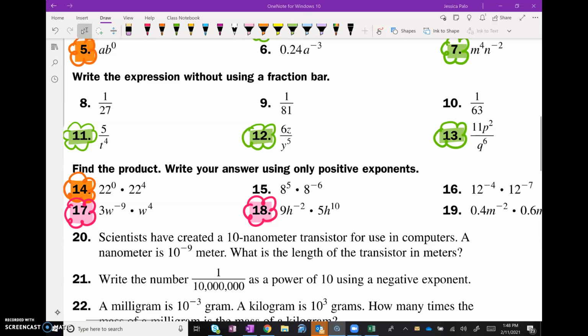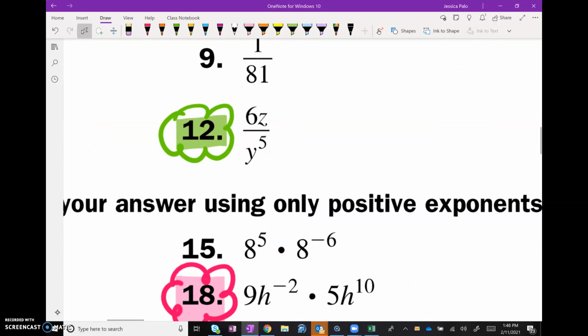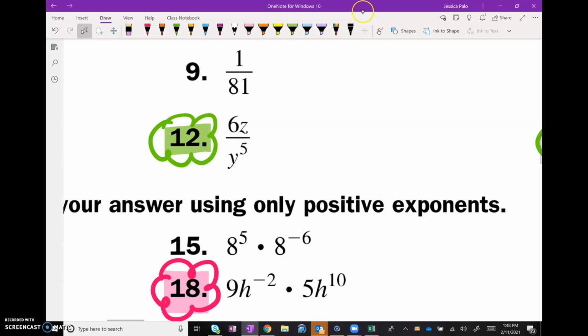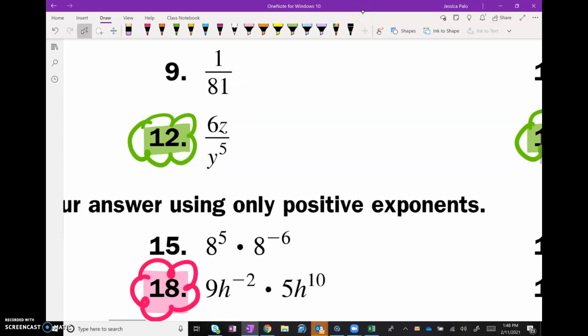We are doing 11, 12, and 13, but we are going to do number 12 together. Please write this down. Number 12 says 6z over y to the 5th power.